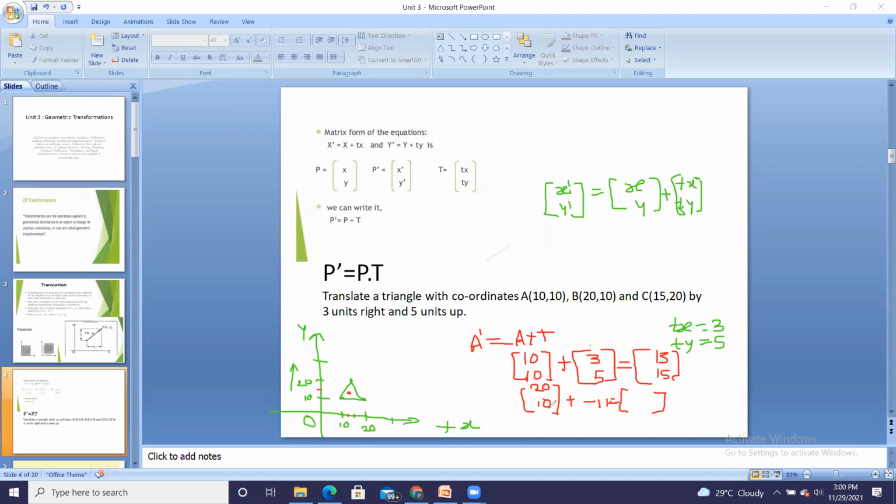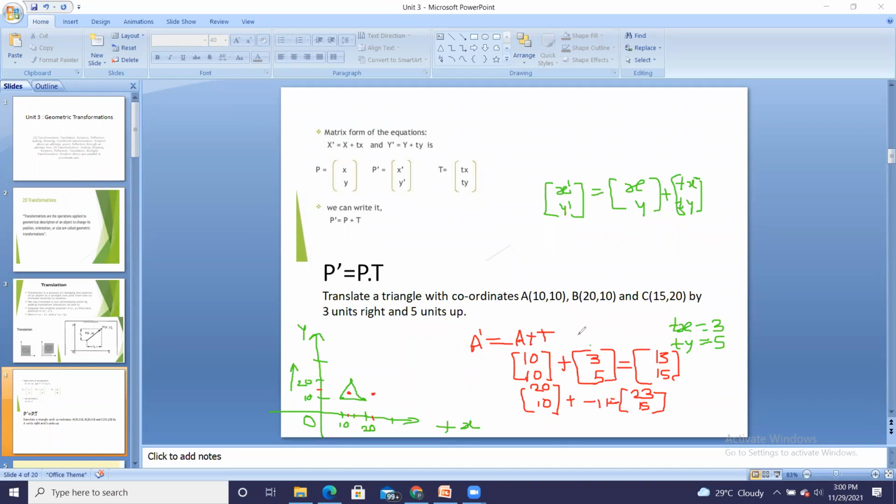So 23 and 15 will be my result. So I will have this 23, 15 as the result. So it will move here 23 somewhere over here and 15 on the same line. Okay, so this will be your new B point.